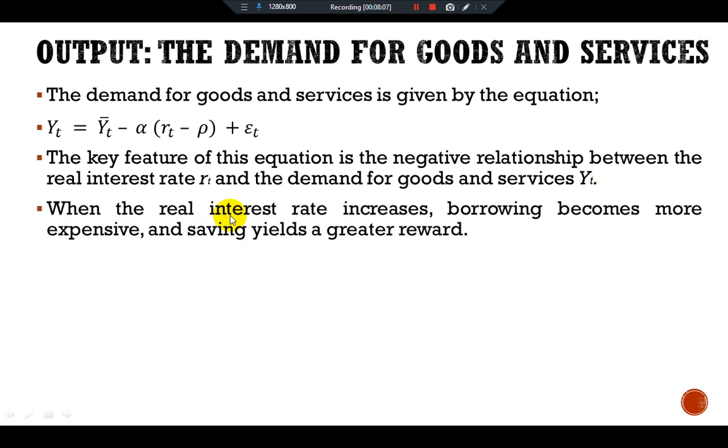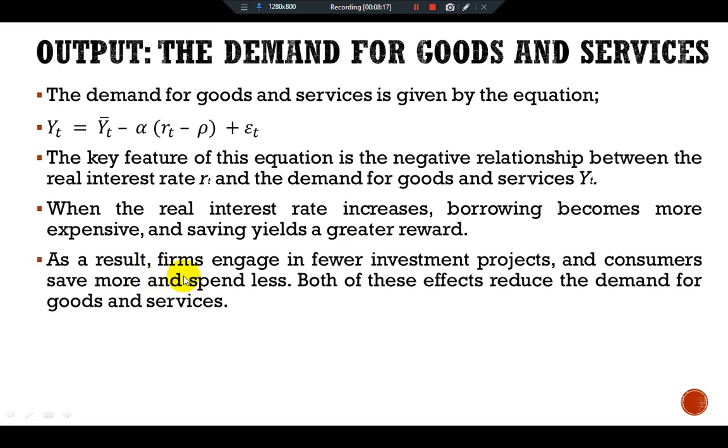When the real interest rate increases, borrowing becomes more expensive and saving yields a greater reward. As a result, firms engage in fewer investment projects and consumers save more and spend less. Both of these effects reduce the demand for goods and services.